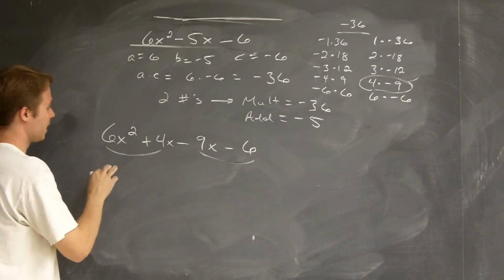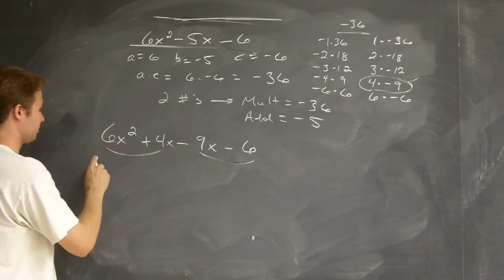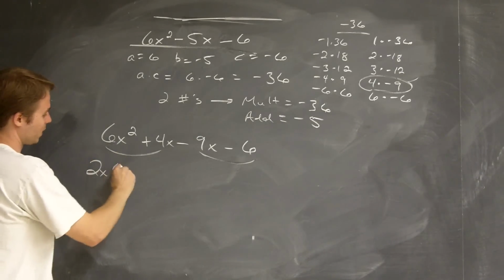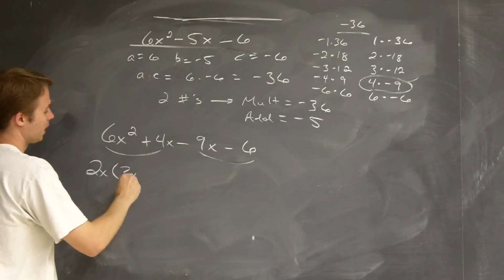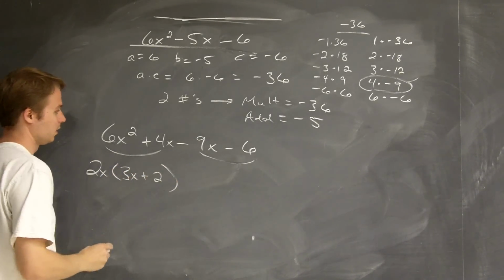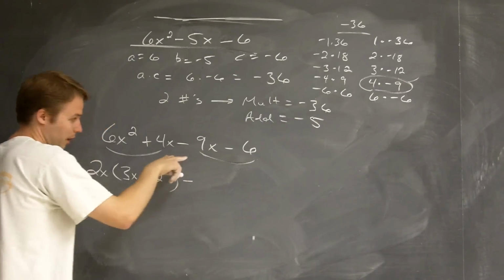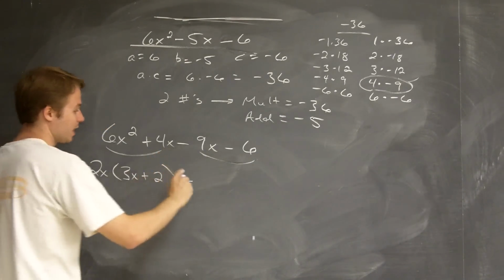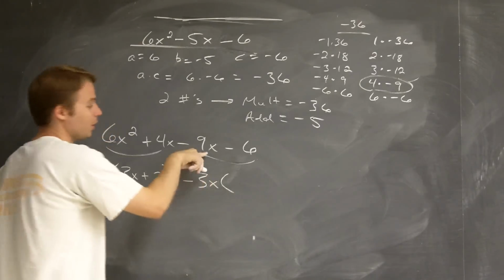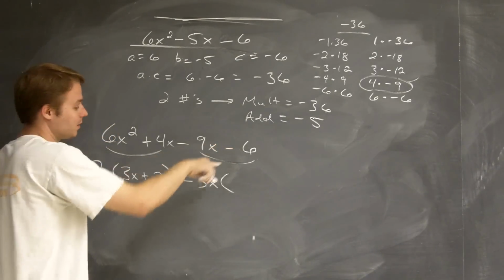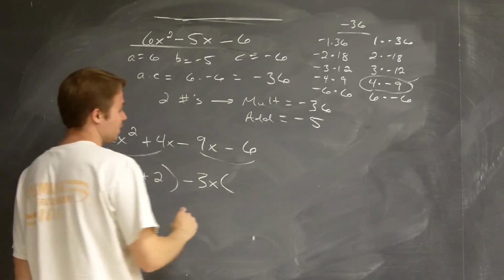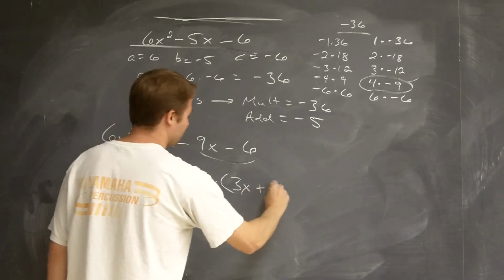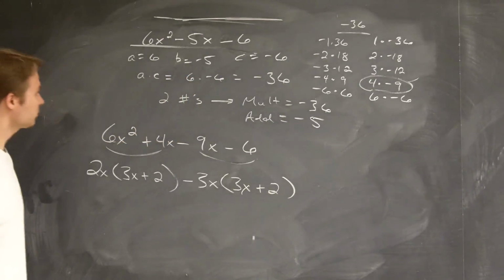Here I can pull out a 2x, and I'll be left with a 3x here, and then a plus 2 here. Here I want to pull out a negative 3, because I want this to be positive and this to be positive. So if I pull out the negative, it'll change the sign. So this will leave me with a positive 3x and plus 2.